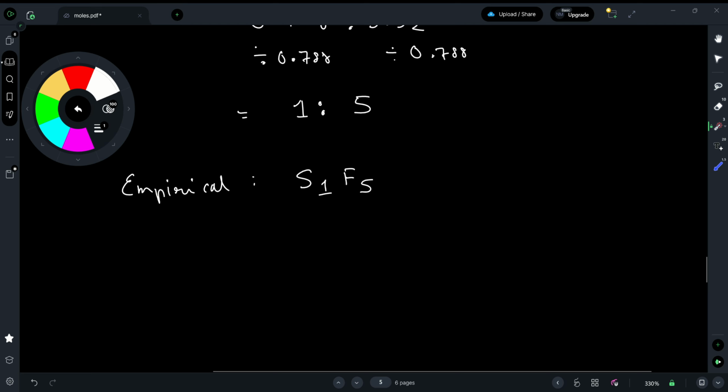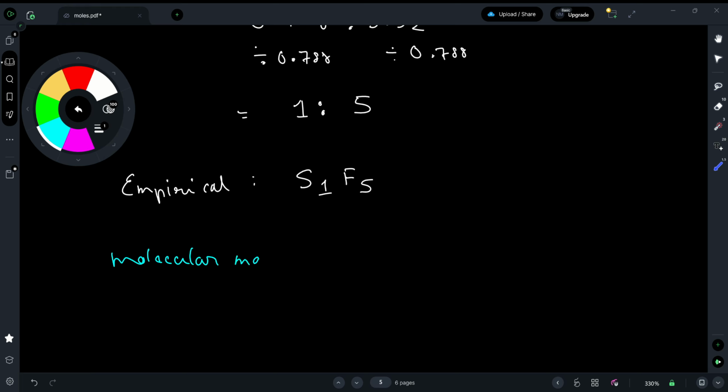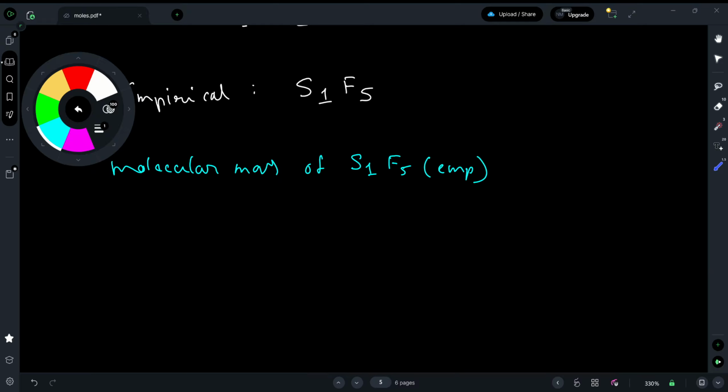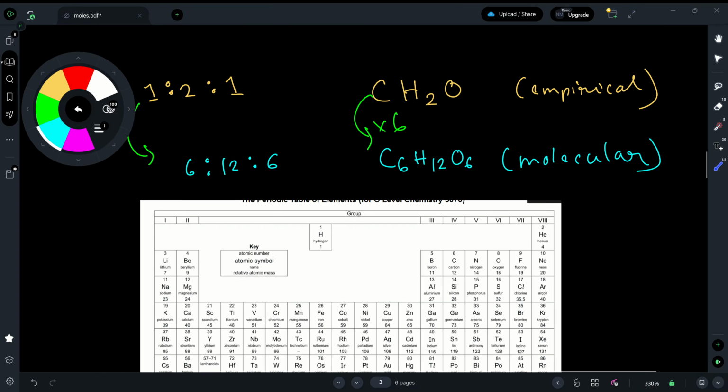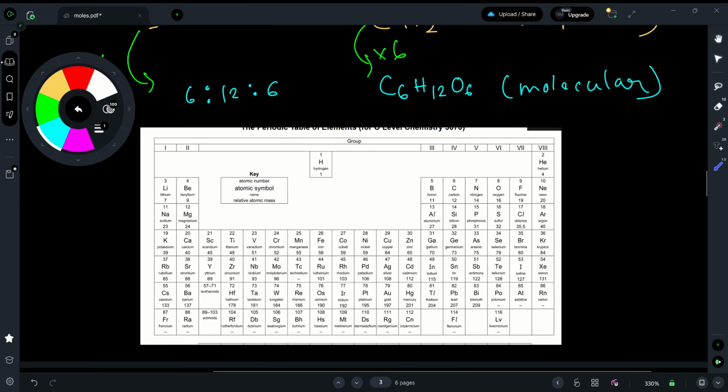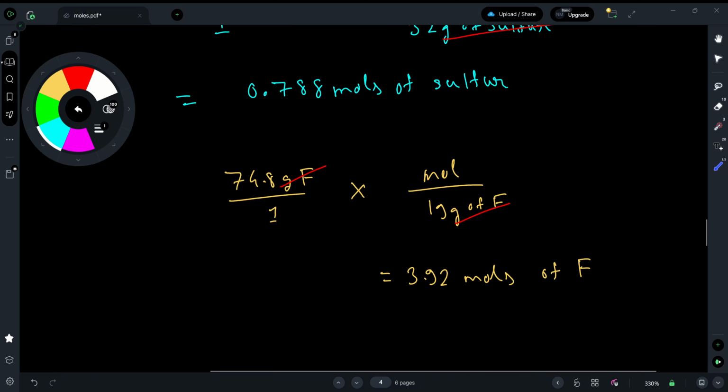So we have to find the mass of this sulfur fluoride empirical formula. To do that, you just write the molecular mass of S1F5, and I'm just going to write EMP for empirical. Sulfur we established was 32, and fluorine was 19, so 19 into 5. Let me just cross-check with the periodic table. 19 times 5, sulfur was 32.